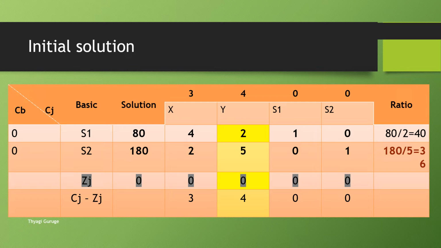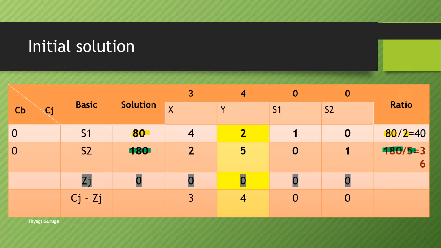So, you can see for the first slack variable S1, the solution value is 80 and we divide it by the pivot column value 2. The answer is 40. Next, we take the S2 value, and we divide it by the value in the pivot column, that is 5. Then the ratio comes up as 36.